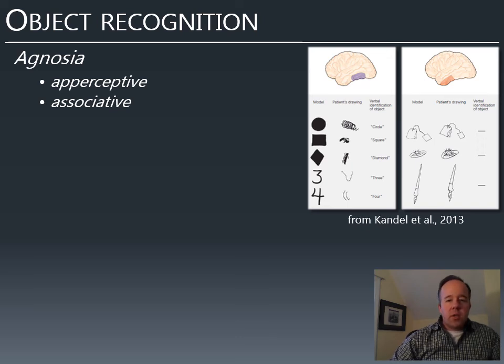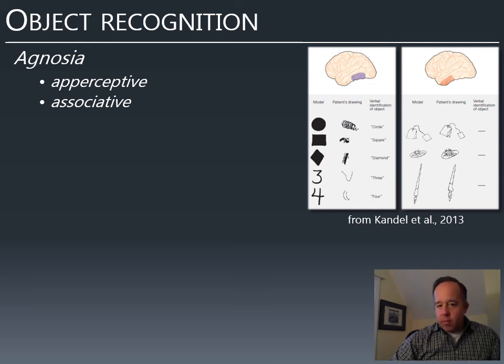So this occurs when there's damage to two different parts of the ventral stream, or the ventral pathway, the what pathway. So if it's an area closer to the occipital lobe, you have trouble recognizing the basic components. If it's an area farther down into the temporal lobe, you can recognize the basic components, but you can't assign a meaning to those shapes.